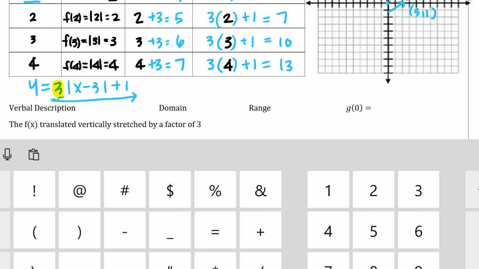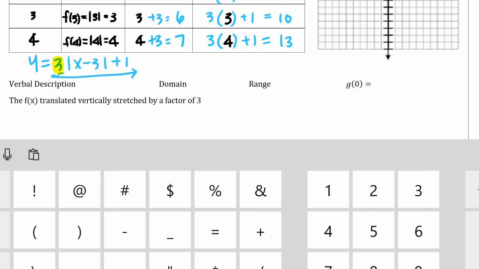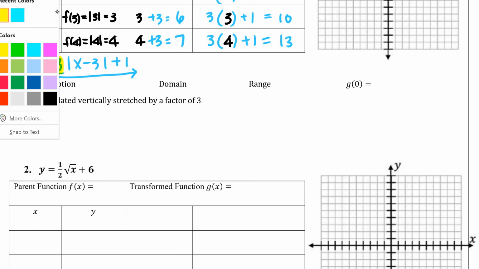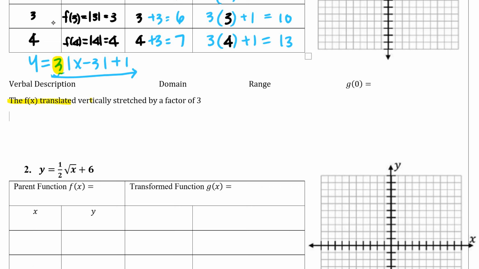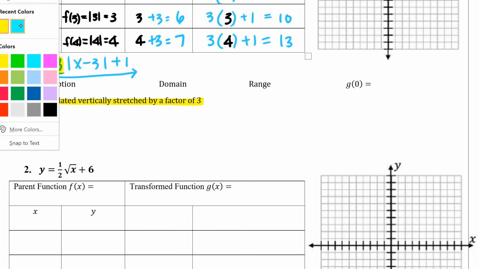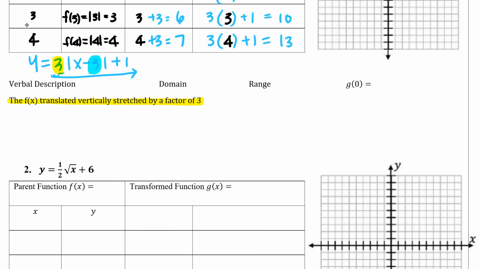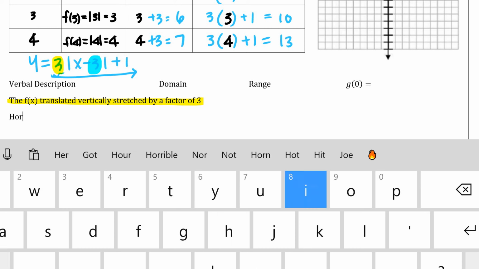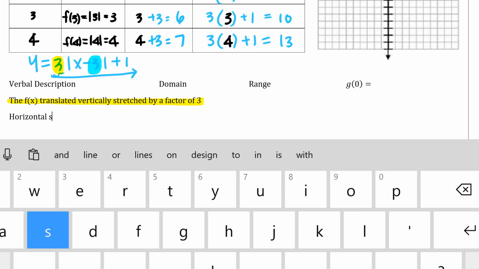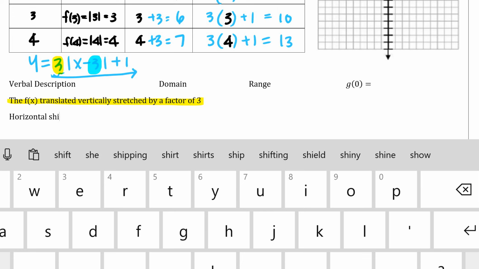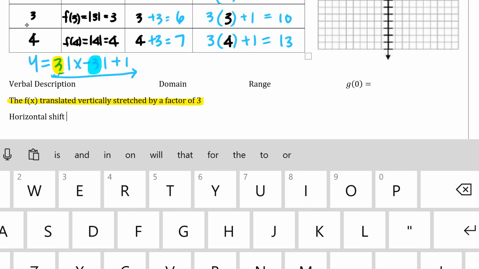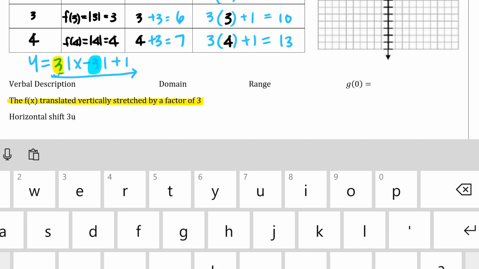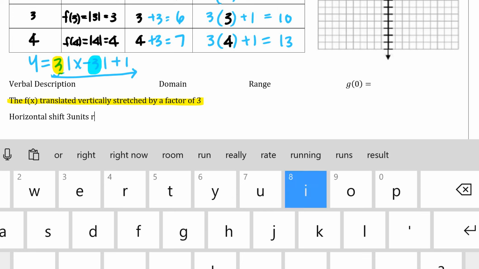That's one. Next one, about this one, is a horizontal shift: shift 3 units right.